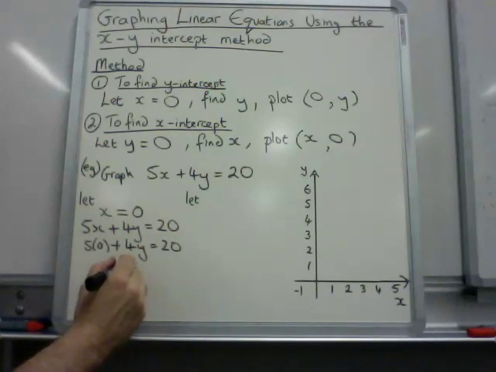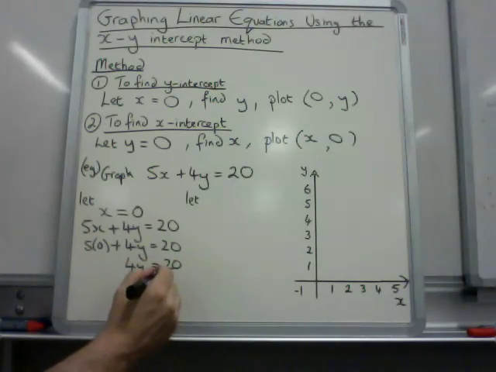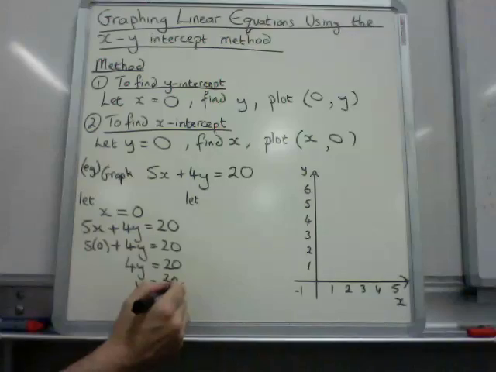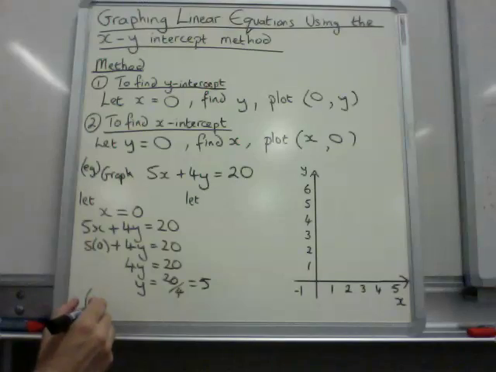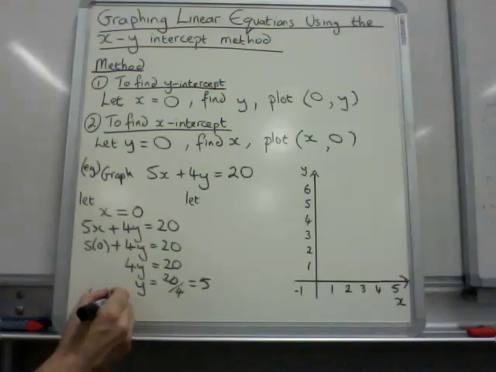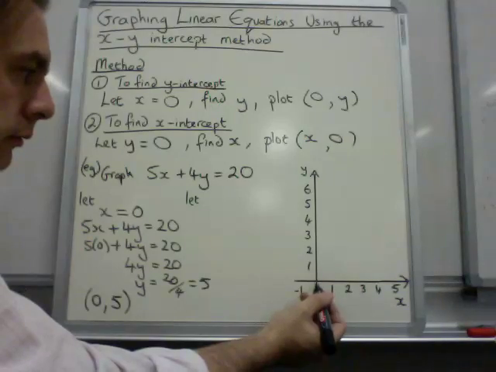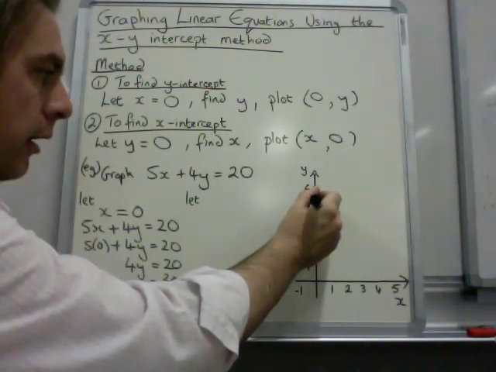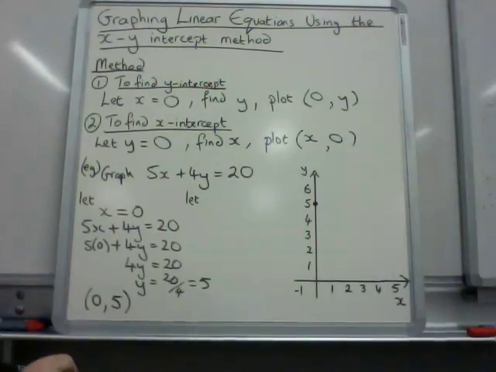So I'm just left with 4y equals 20. y therefore is 20 divided by 4, which is 5. So the point I'm going to plot is 0 for x, 5 for y. And I'm going to plot it right now. So I go 0 and I go 5. And there I am on the y-axis line.